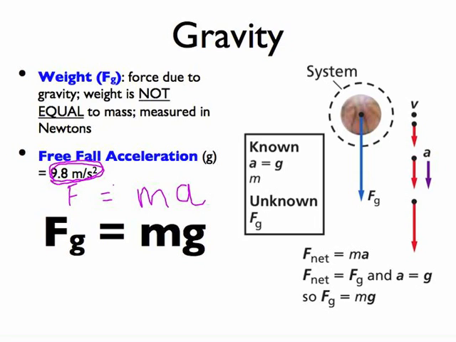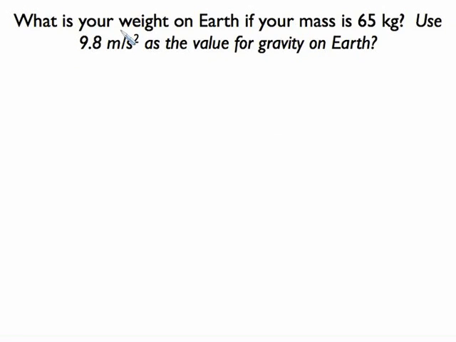So let's solve a gravity problem. We want to know, what is our weight? That's your force due to gravity. On Earth, if your mass is 65 kilograms, you need to use 9.8 meters per second squared as your gravity. So the things that we know: we do not know Fg. This is what we want, and it will be in newtons.